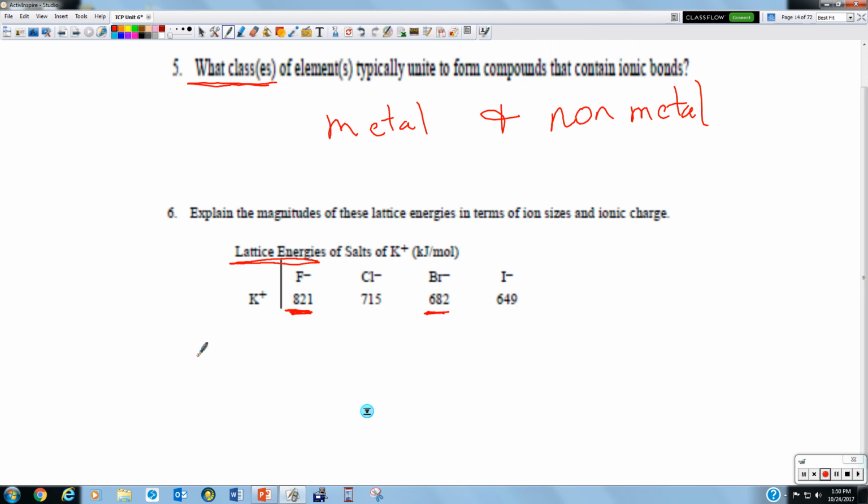In this one, we're looking at the relationship between Q1, Q2 over R. Is the top number, the Q1, Q2, going to change at all? No, because potassium's a +1 and every one of the halogens is going to be a -1, so that's not going to change. It's all going to be 1 over. So what's happening to the radius between fluorine and bromine? Which one has the larger radius?